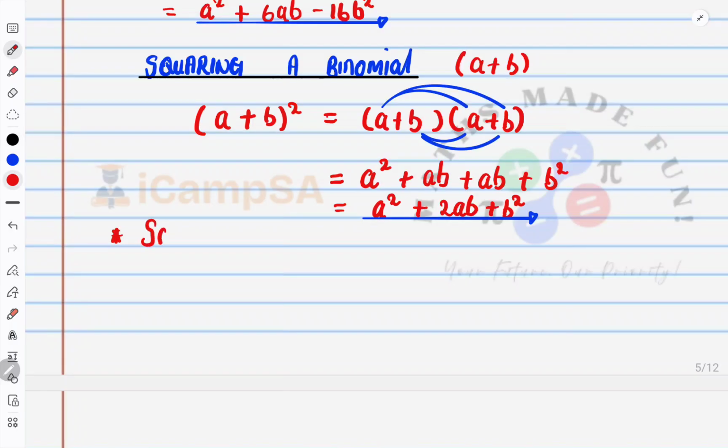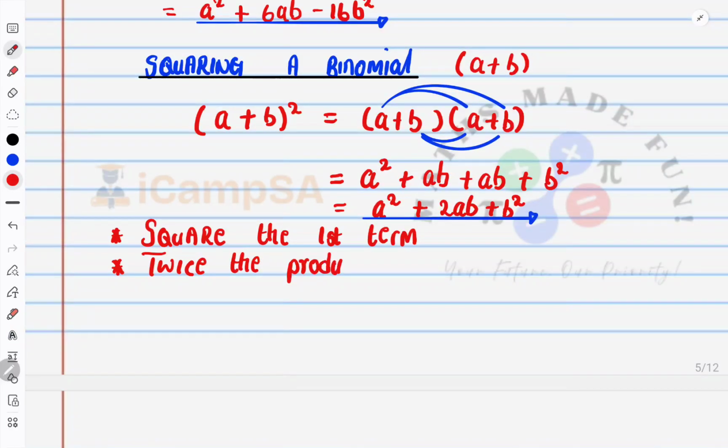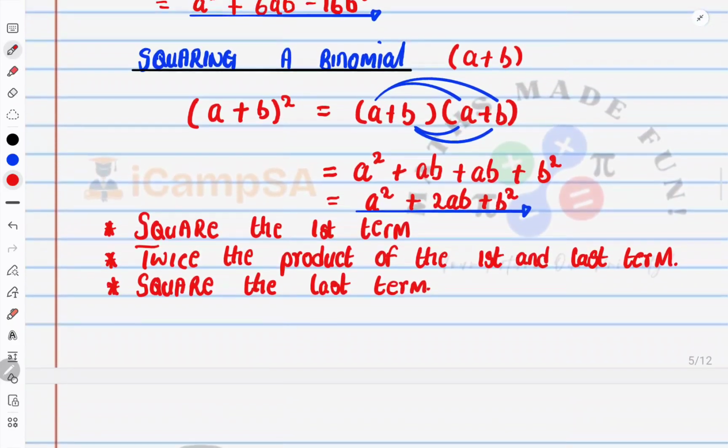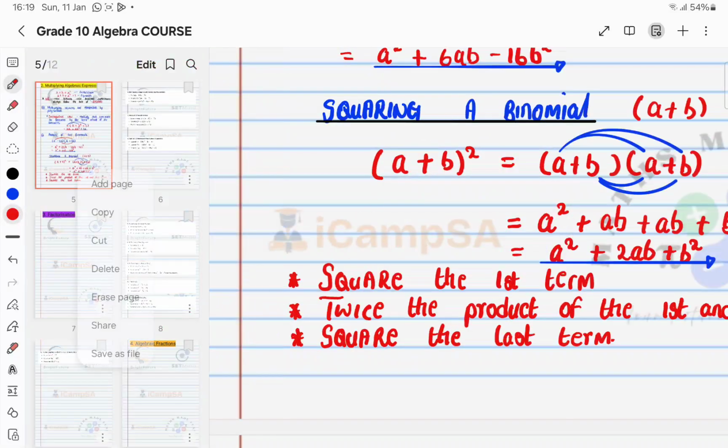Square the first term, and then twice the product of the first and last term, and then lastly we have square the last term, whenever we're dealing with the situation of squaring binomials. Let me quickly add a page.